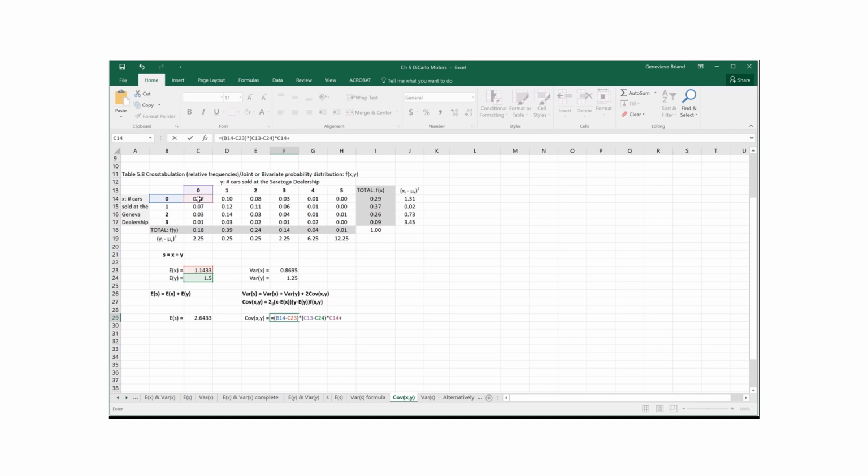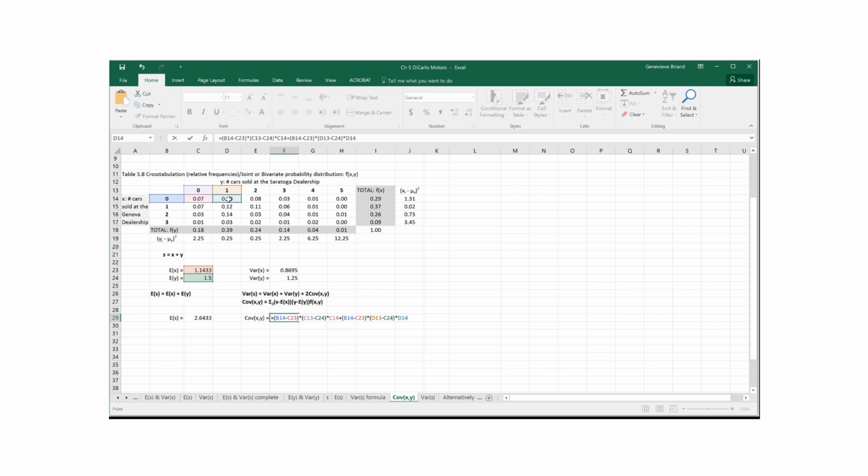Moving on, we're still with the same value of X, 0, subtracting its mean, times the deviation of the new value of Y, because we want a new combination, minus its expected value of Y to get that deviation from the mean, and times the likelihood of occurrence of that XY combination.